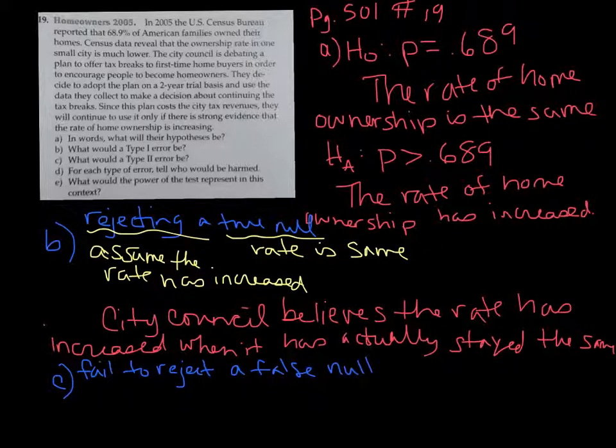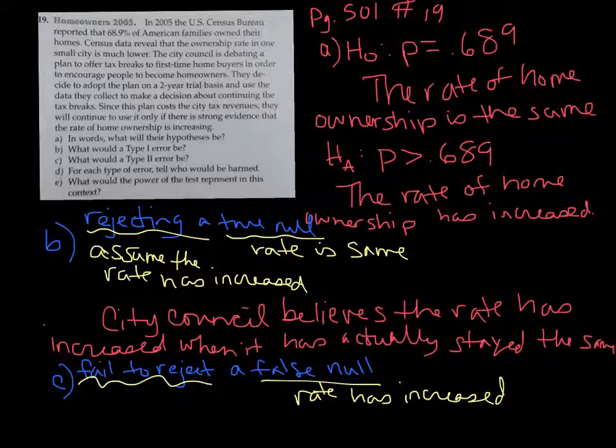In this case, if the null hypothesis is false, that is going to imply that the alternative is true. So a false null hypothesis would mean the rate has increased. Now, if you fail to reject the null hypothesis, that means that you are assuming that the null hypothesis is true. So that would mean that the city council is assuming that the rate is the same.